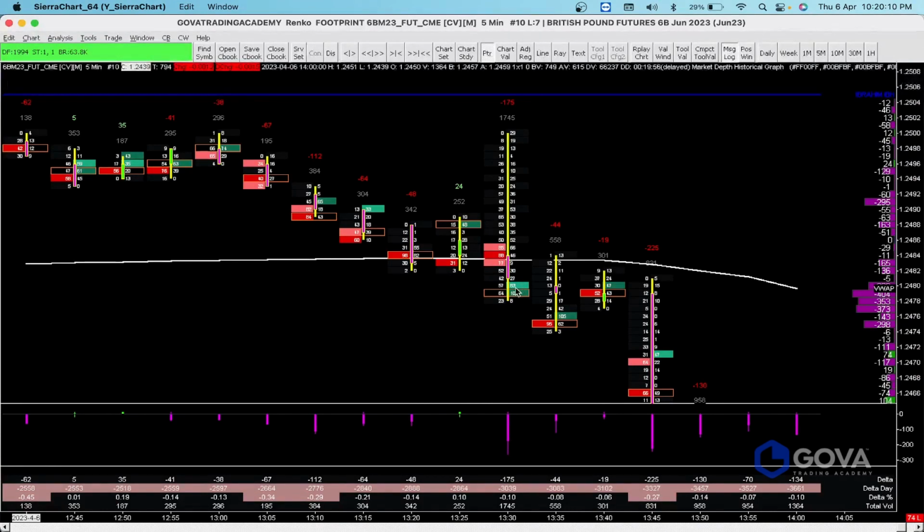You can see here we have 83 buyers coming into this supply zone, 100 buyers coming into this supply zone. But these buyers are being trapped in this area because they are not able to push price higher. Sellers are trapping the buyers in a supply zone, right? So it makes sense that the market price was not able to go up.